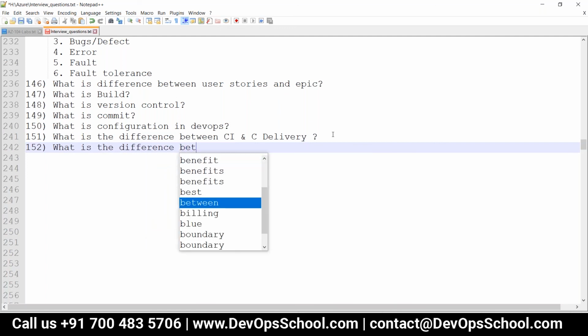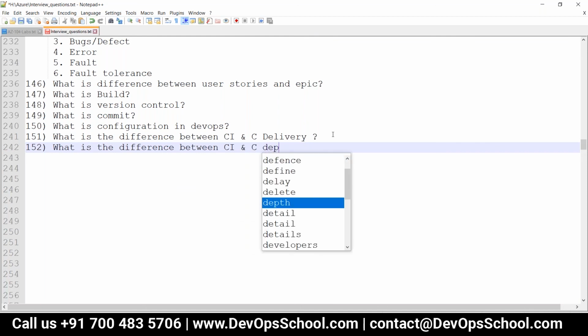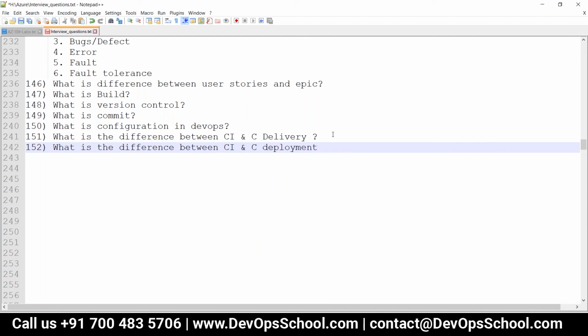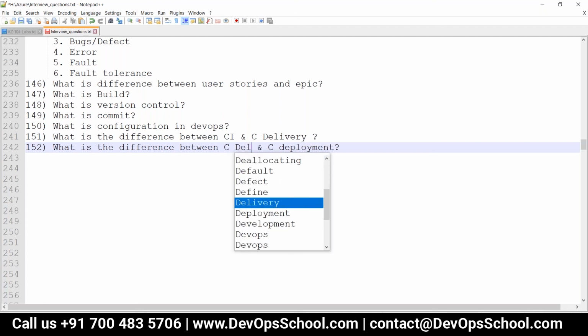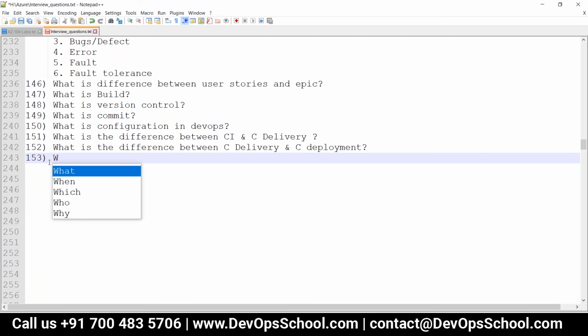One is talking about the pipeline, one is talking about the jar file, right? I've given the hints. Not CI, sorry: continuous delivery and continuous deployment. CI and CD we have already done. One more question: what is the difference between continuous integration and continuous deployment?